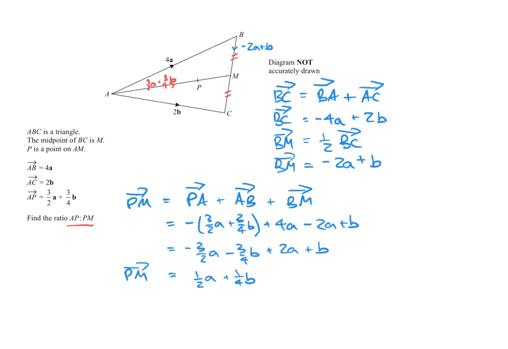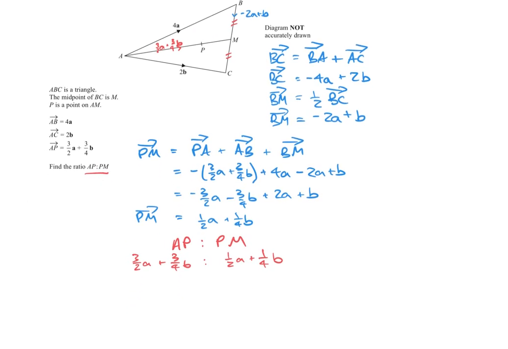So my ratio of A to P to P to M. Well, A to P is given in the question, so that is 3 over 2a plus 3 over 4b, and P to M is 1/2 a plus 1/4 b.